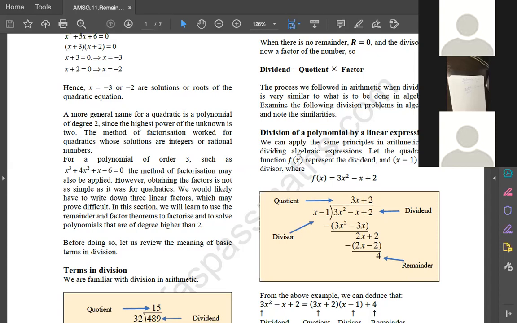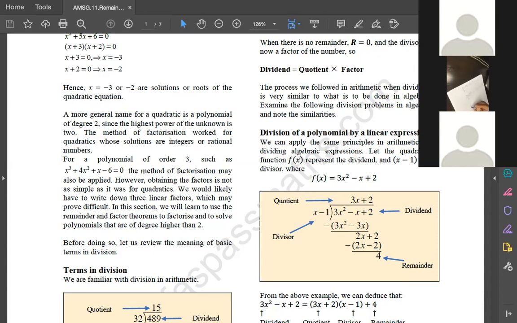So we can apply the same principles in arithmetic to dividing algebraic expressions. So let the quadratic function f of x represent the dividend, and then x minus 1 represent the divisor. All that we are doing is we have a quadratic function, it is quadratic because it is raised to the power 2. So this is how we represent a function.